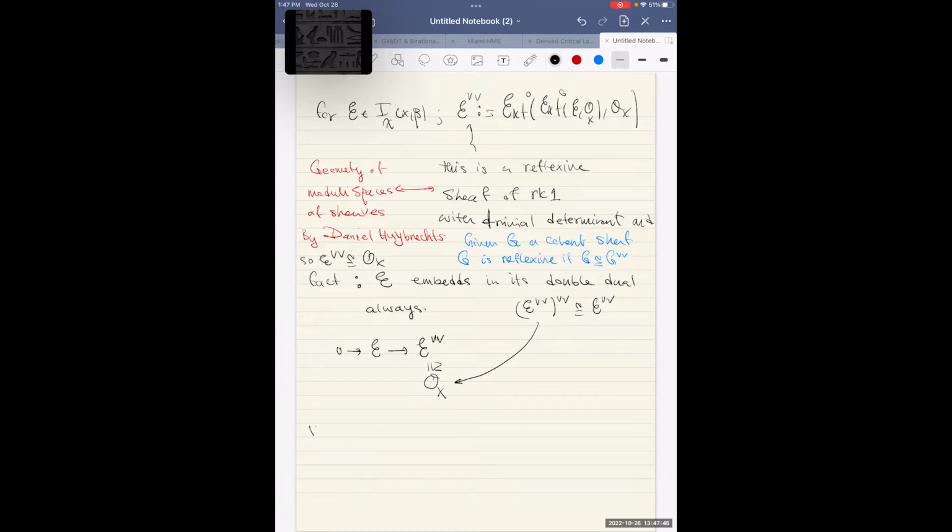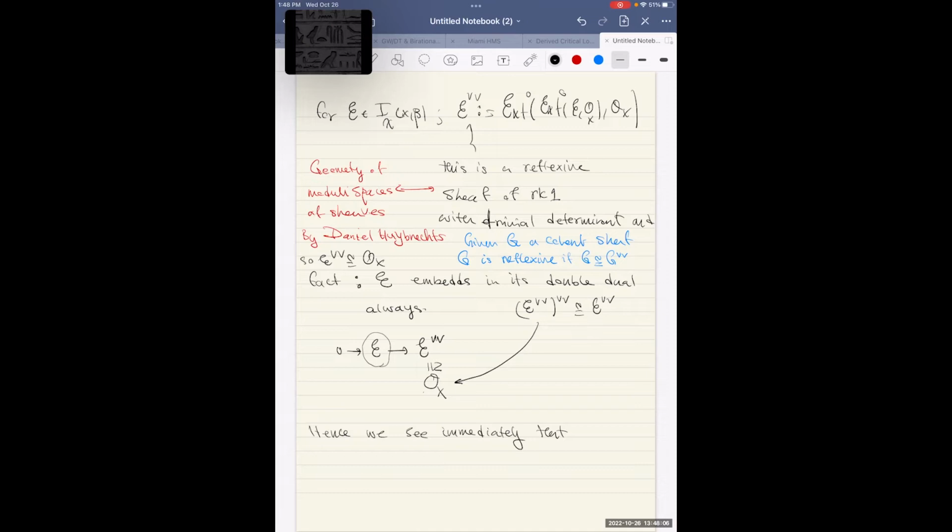Hence, we see immediately that when E becomes a subsheaf of O, it's an ideal sheaf of a subscheme.